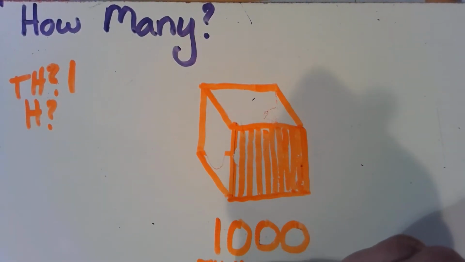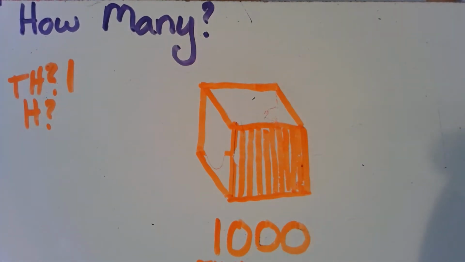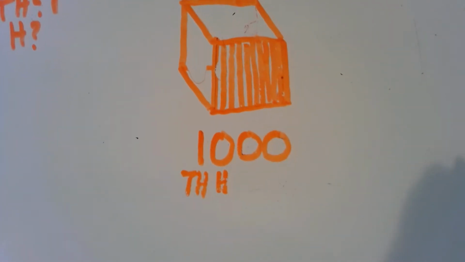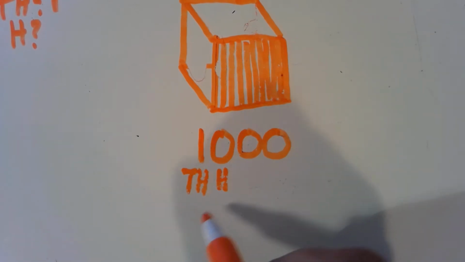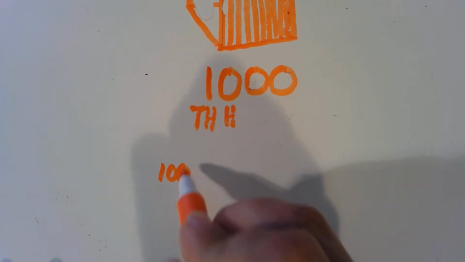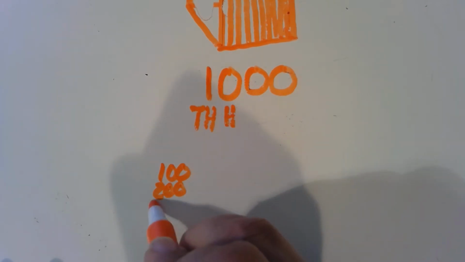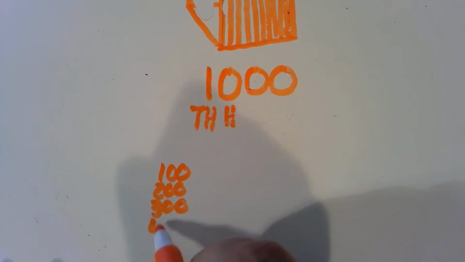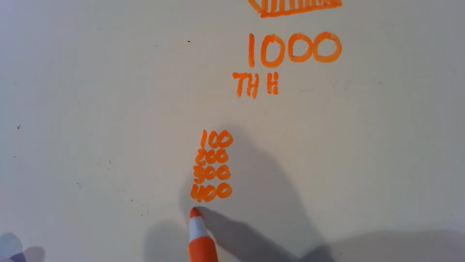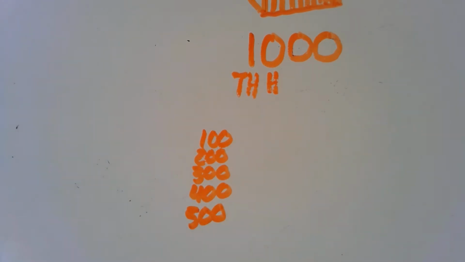When I'm counting to 1,000, I have to count by hundreds, right? Well, I don't have to, but I just did. And I went 100. Let's see if you can see this. Okay, I went 100, 200, 300, 400. Then I went 500. Can you see the orange? I can change colors.